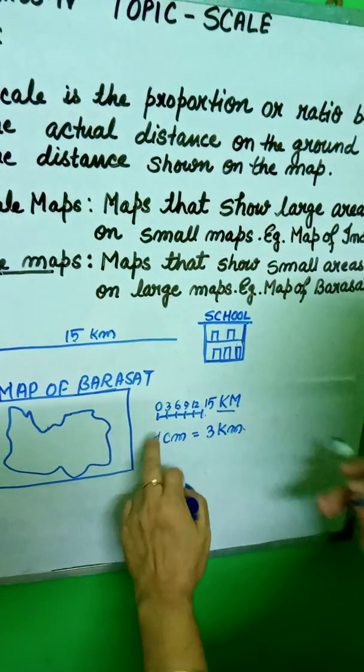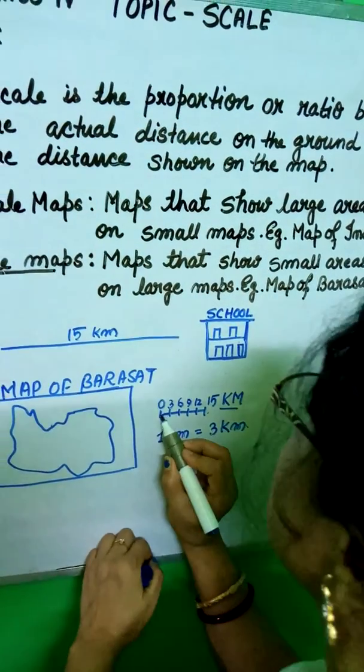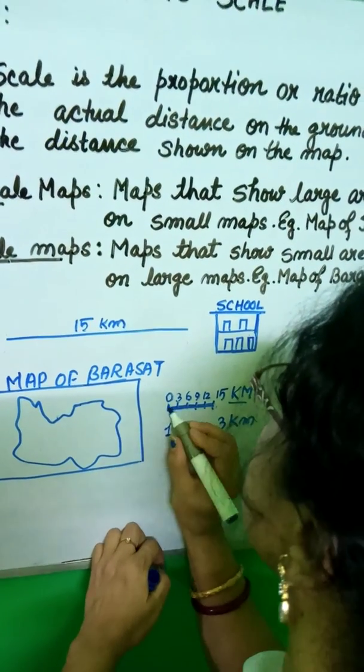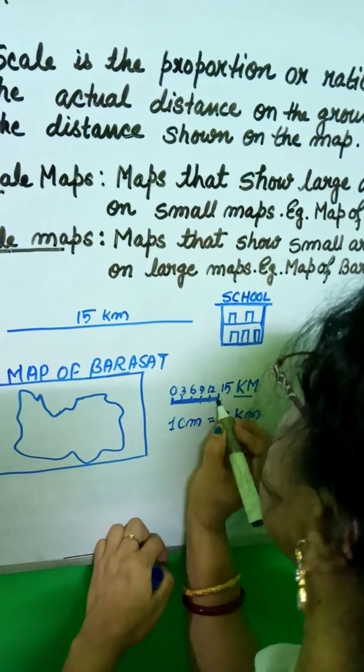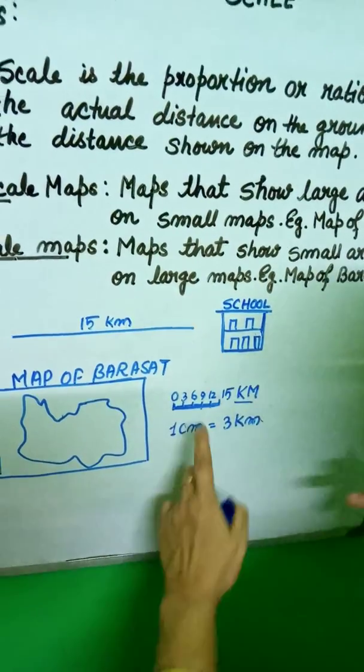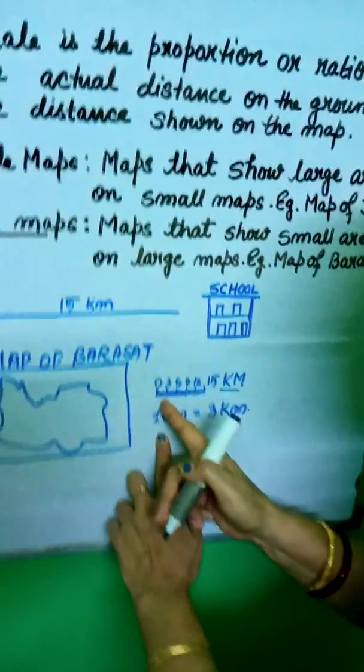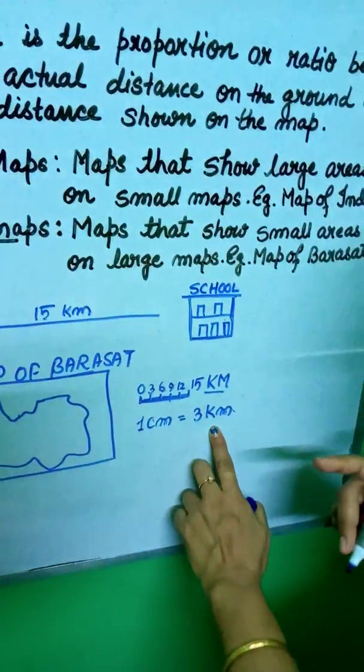That means this scale shows 1 centimeter is equal to 3 kilometers.